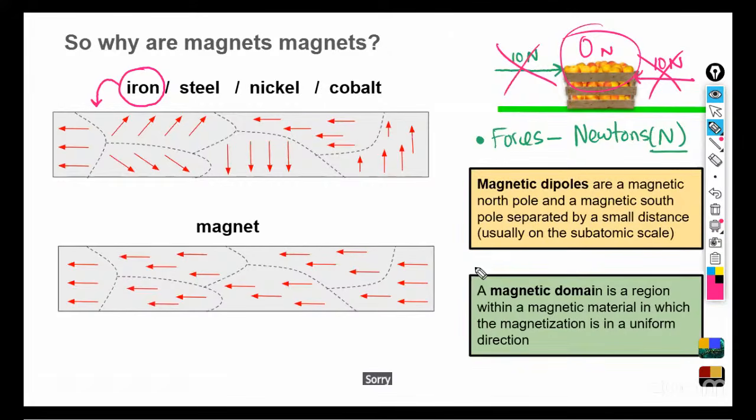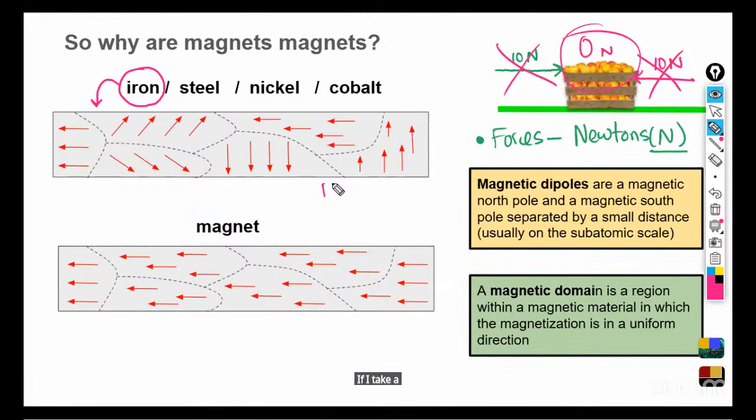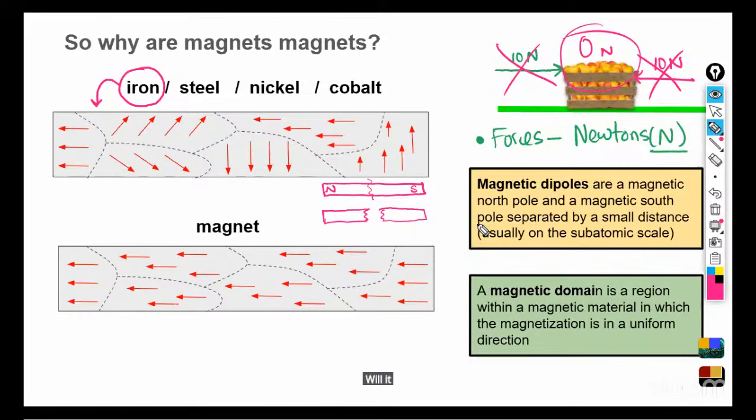Here's the thing. All things are made up of smaller things called atoms. Everything is made up of smaller pieces called atoms. Quick question. If I take a magnet, one side is north, one side is south, and I get angry and break that magnet into two pieces, will it spoil the magnet?